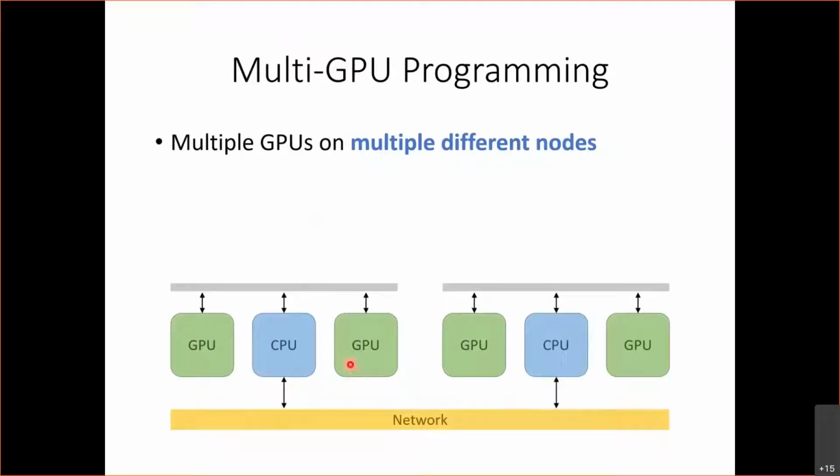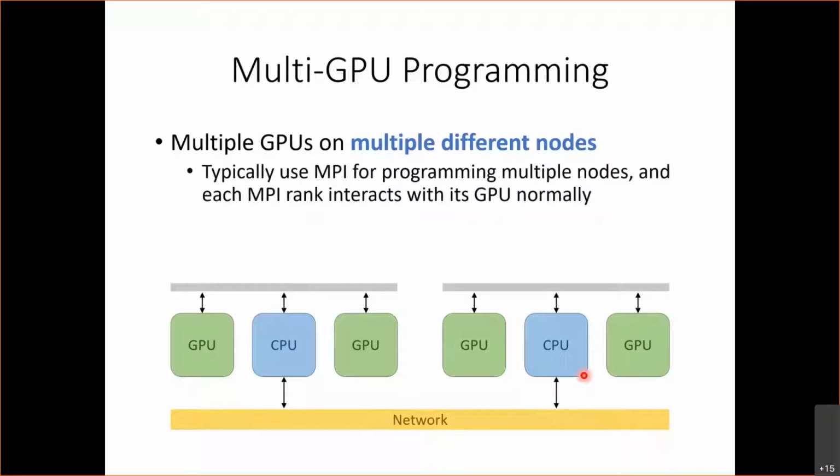In this case, I would want to coordinate work not only across multiple GPUs connected to a CPU, but also across GPUs connected to different CPUs on a network. And here we typically use something like MPI, the Message Passing Interface library, which allows us to program multiple CPUs connected over a network.